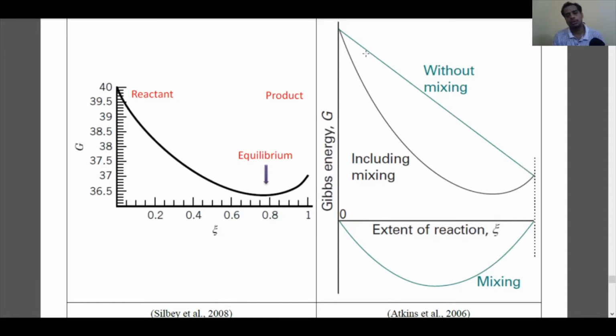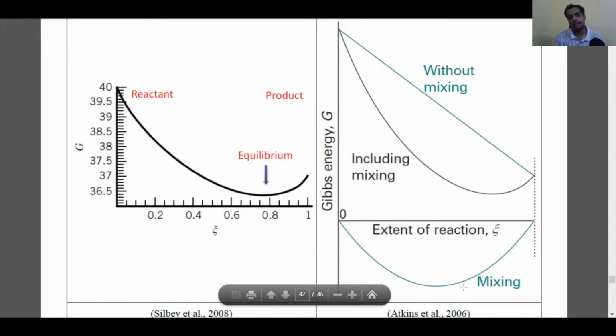This linear decrease is due to only the first three terms. Now suppose the first three terms are not there, only the fourth term is there, meaning only the mixing term is there. The mixing term will give a graph like this, Gibbs energy against extent of reaction.